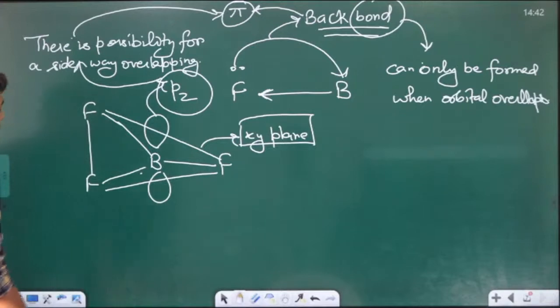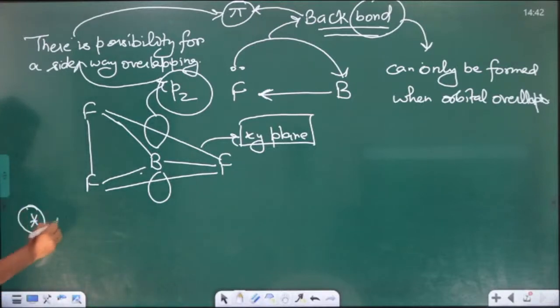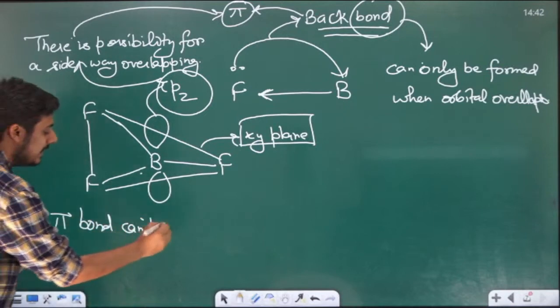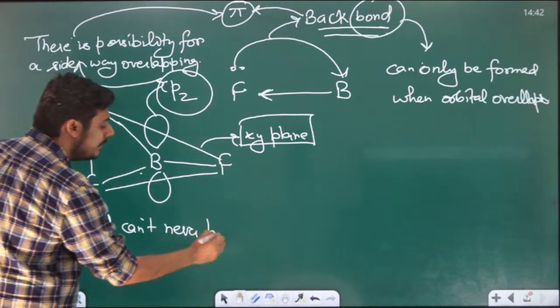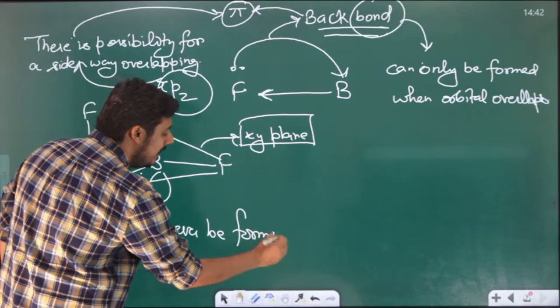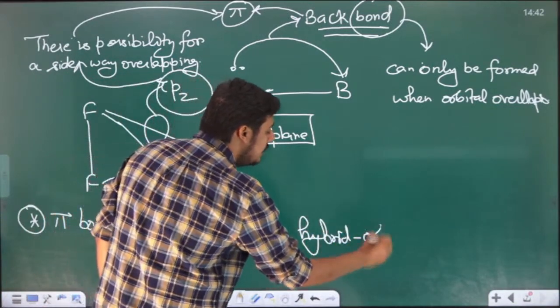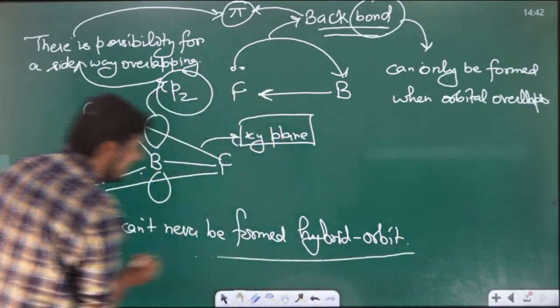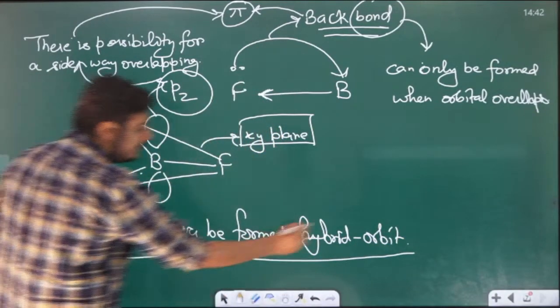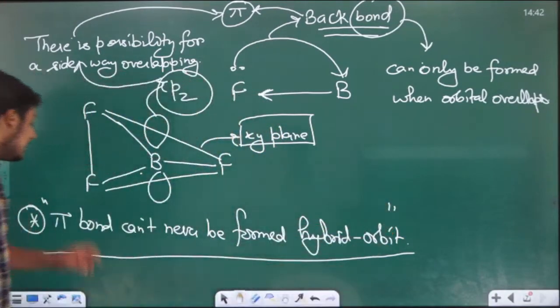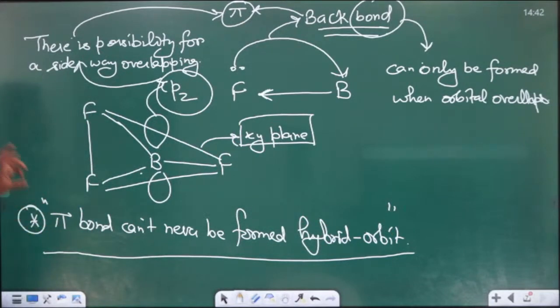Have a look at it also: a pi bond can never be formed by hybrid orbitals. No hybrid orbital can form a pi bond. This is what you have learned in bonding. So we will say that this is essentially a case of atomic orbitals. Note it down.